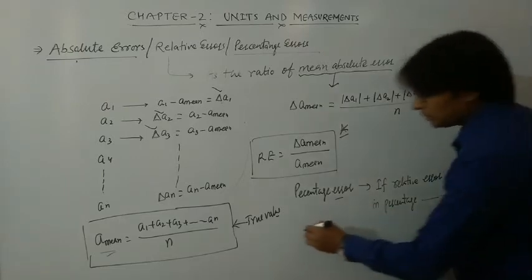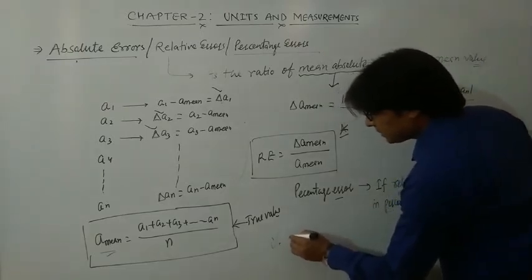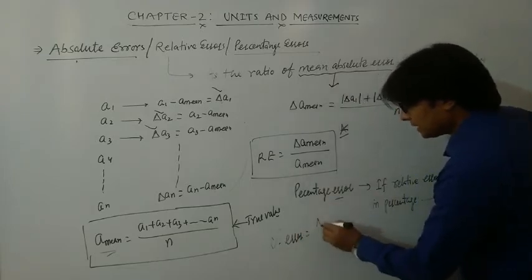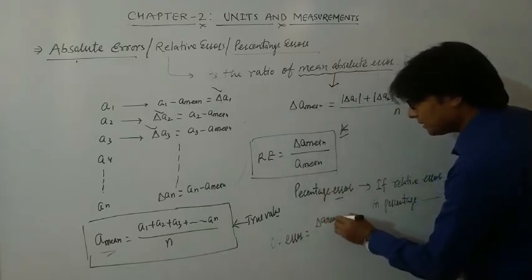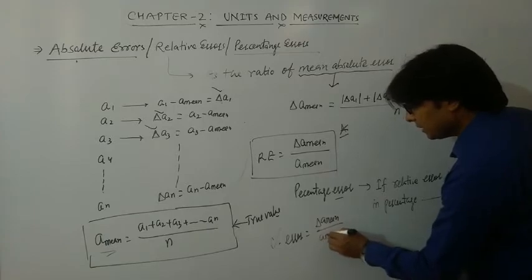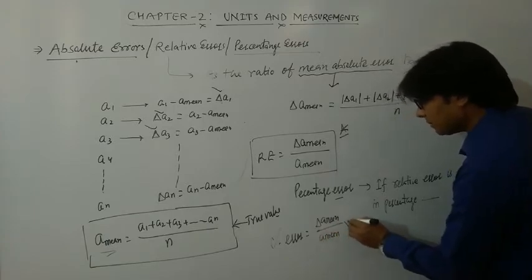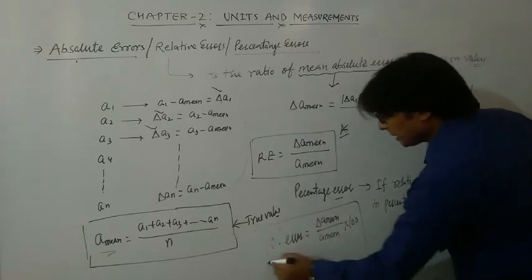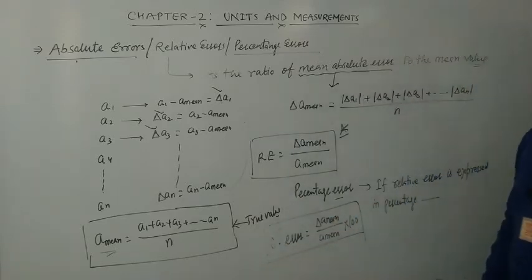The formula for percentage error will be: percentage error is equal to delta A mean divided by A mean multiplied by 100. Using this formula we can calculate the percentage error.